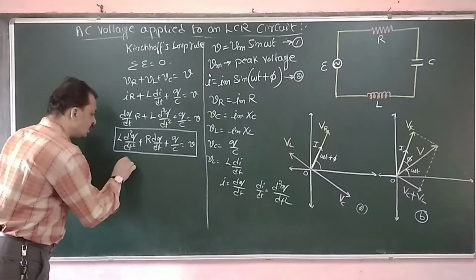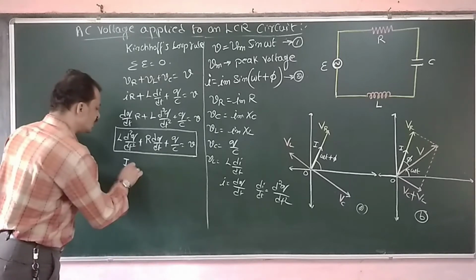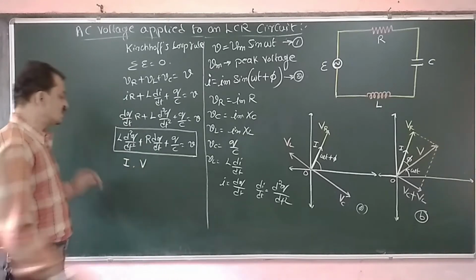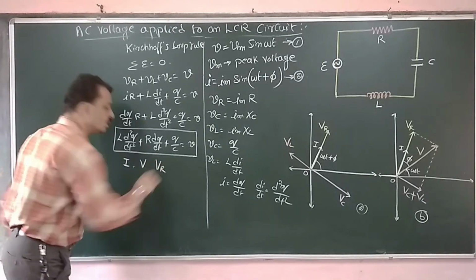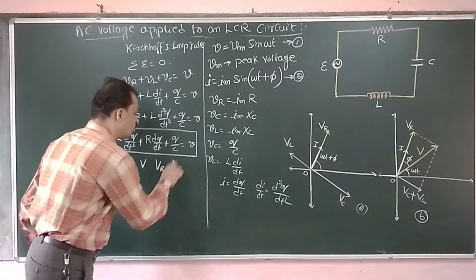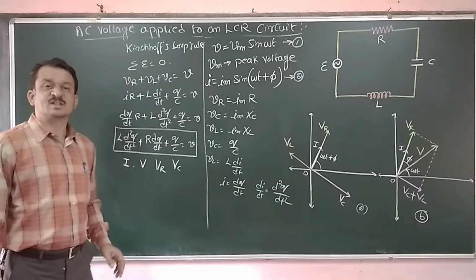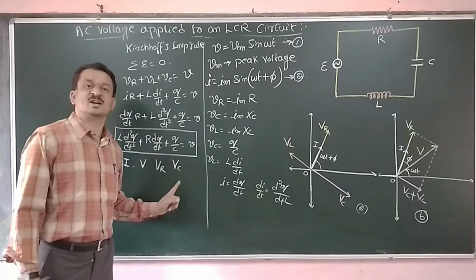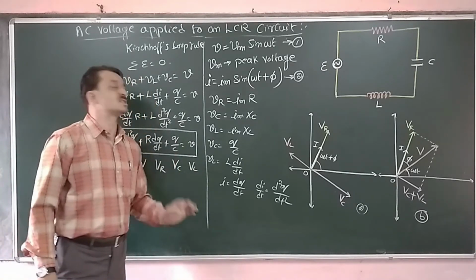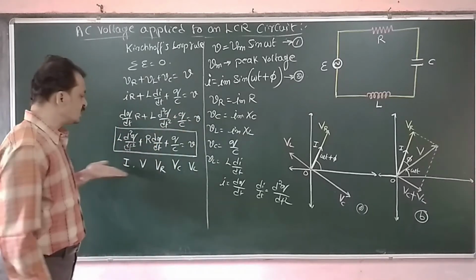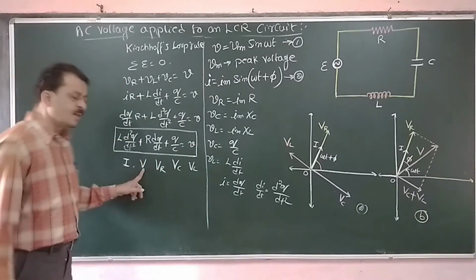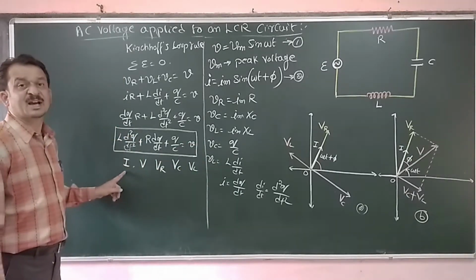Let me write I as the current phasor, V the applied voltage phasor, VR the voltage phasor across the resistor, VC across the capacitor, and VL across the inductor. We are representing the voltage drop across each component by their corresponding phasors along with the applied voltage and the current.